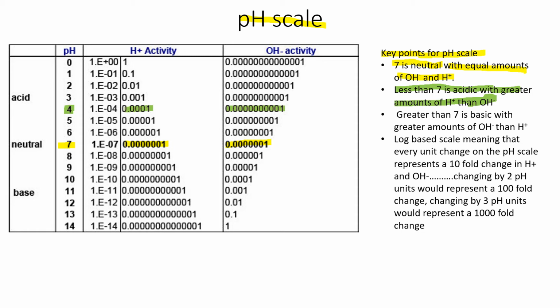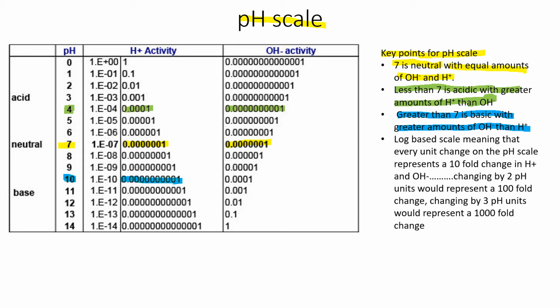If we look at what's happening on the pH scale when you are greater than 7. When you are greater than 7 on the pH scale, you're on the basic side of the scale. What that means is you're going to have greater amounts of hydroxide ion than you will H+. And we can look at that. If you're looking at pH 10 highlighted in blue here on the pH scale, let's look at how much H+ we have and how much OH- we have.